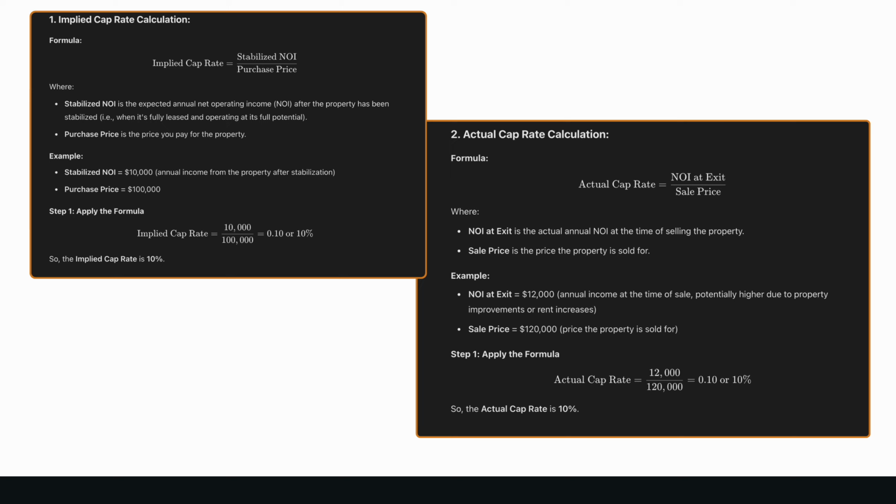Another example: implied cap rate and actual cap rate. You might expect interview questions about the difference between the implied and the actual one. The formula for the implied cap rate is stabilized net operating income divided by purchase price. For example, $10,000 is the annual income from the property after stabilization.